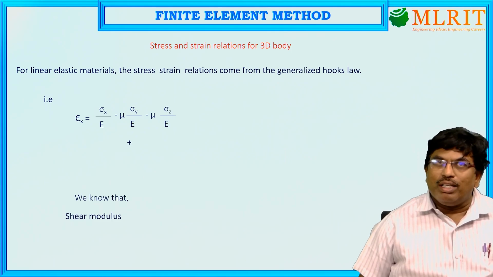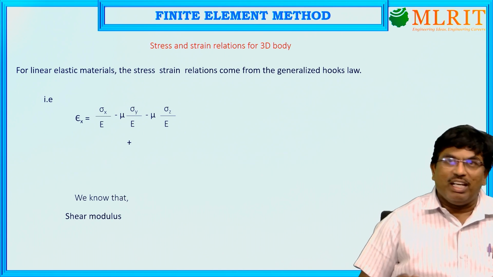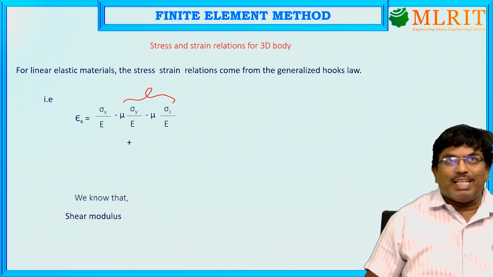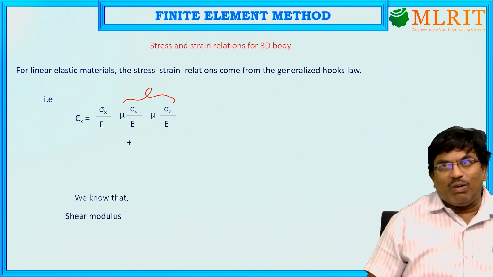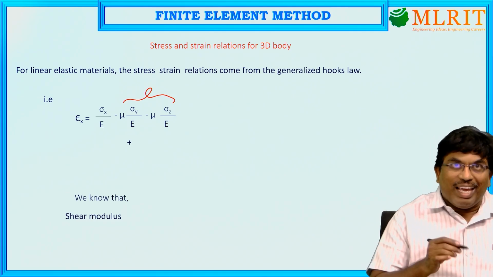In this, sigma x by E is the longitudinal strain and the other two are lateral strains. Minus mu into sigma y by E is a lateral strain due to the load acting in the y direction, but the strain is acting in the x direction.